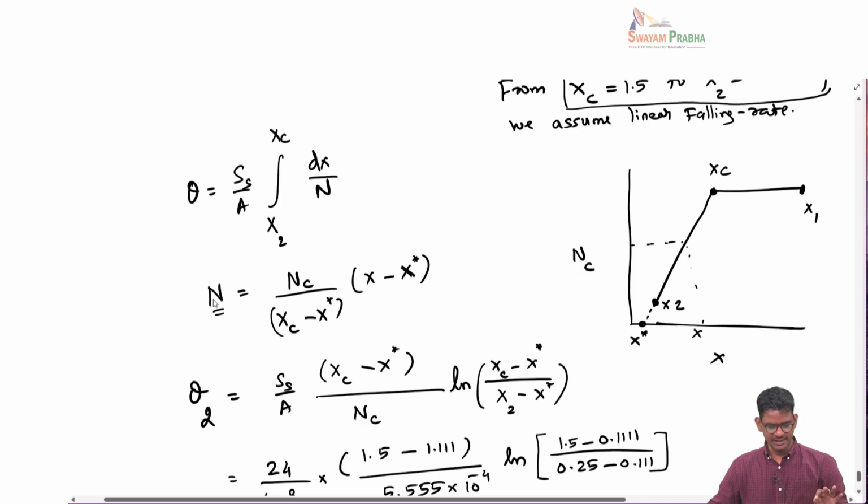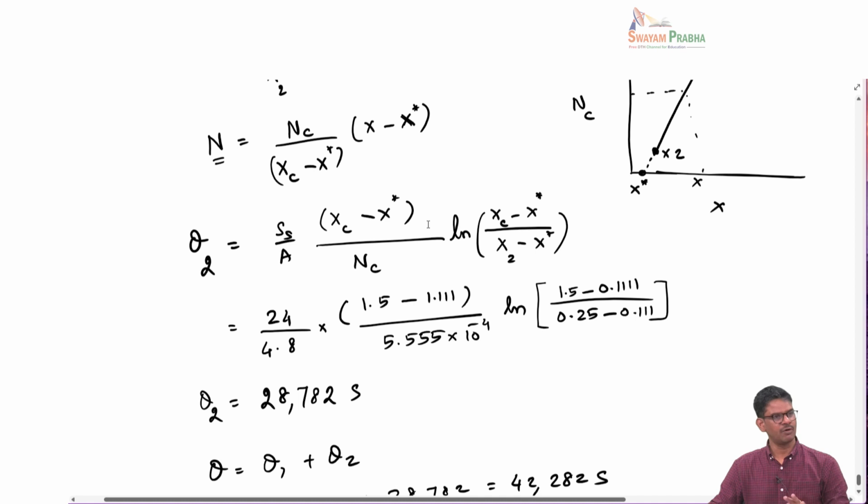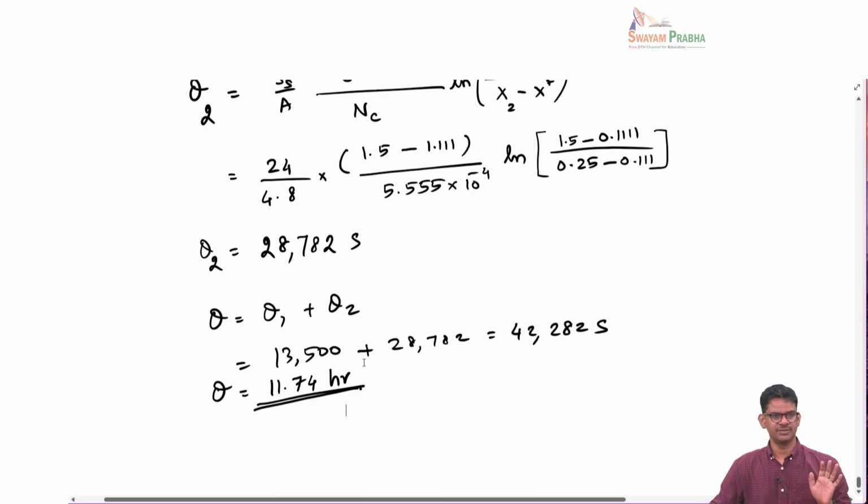Then I write the expression for the moisture dependent drying rate n as a linear function. This is now substituted here and integrated out. This formula is something we derived in one of the previous classes also. From here onwards is a direct substitution, because I know the critical moisture content, I know the equilibrium moisture content, NC is obtained from the test sample, and then x2 is specified. So if you substitute all that, you will get a direct substitution.